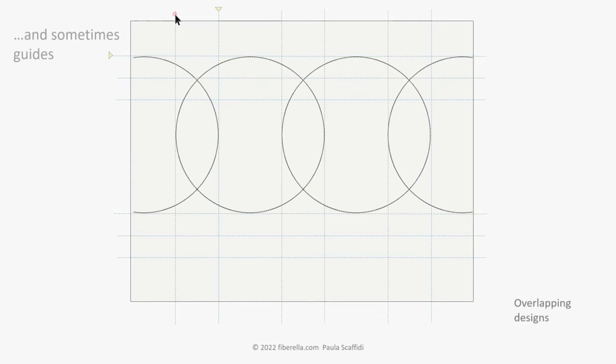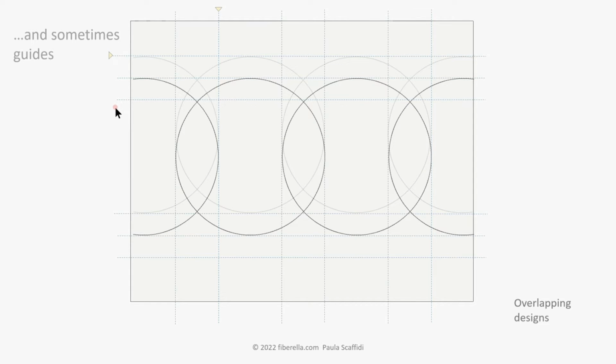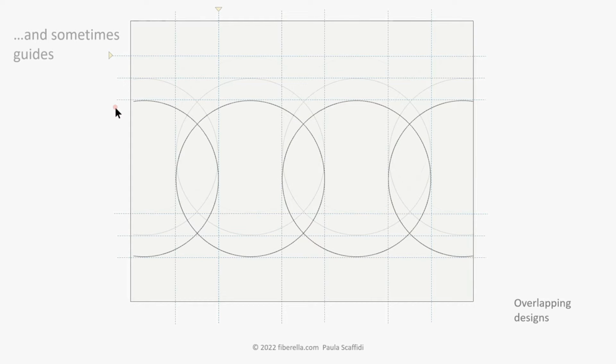You can see that I've dragged out a number of these guidelines. The reason I have 3 of them here is because I want to stitch out a 2nd horizontal row and a 3rd one.